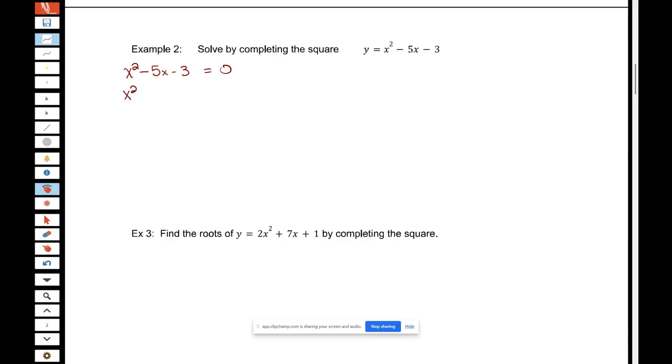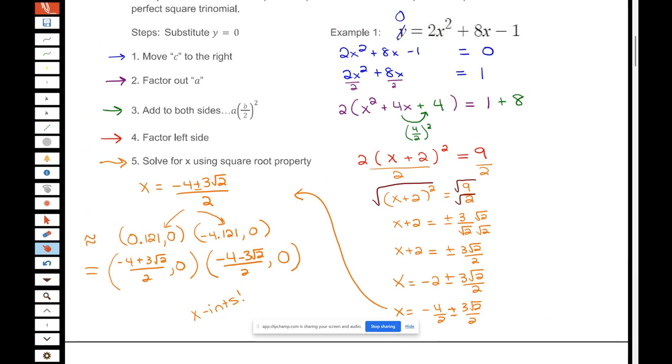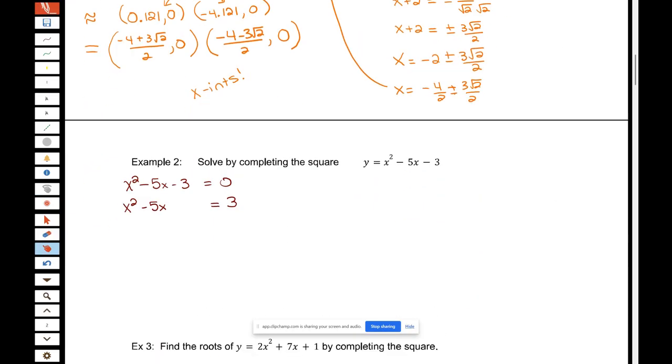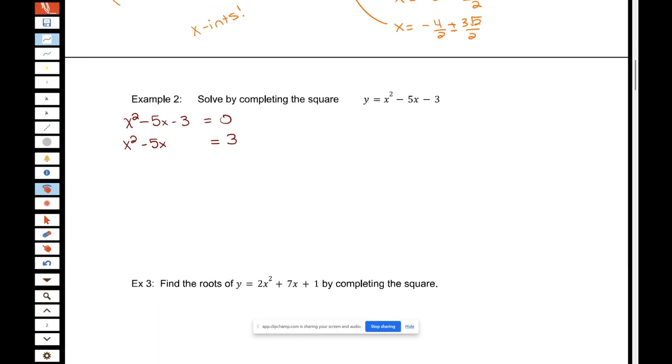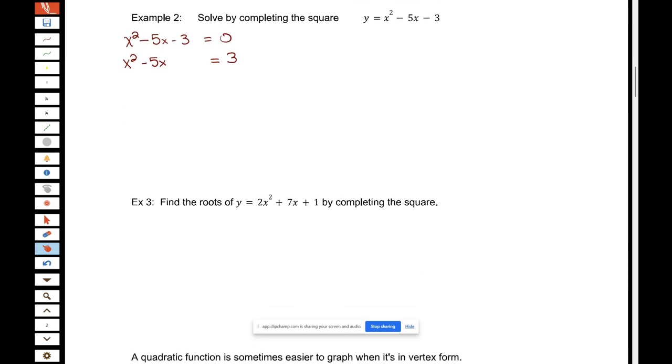I'm going to move that trailing constant term over to the right side. Then next, according to our steps, after we move c over to the right, we factor out a if we have an a term. But we don't. Ours is just 1 on this one, so I'm not going to bother with factoring out a 1, because that wouldn't make any difference.